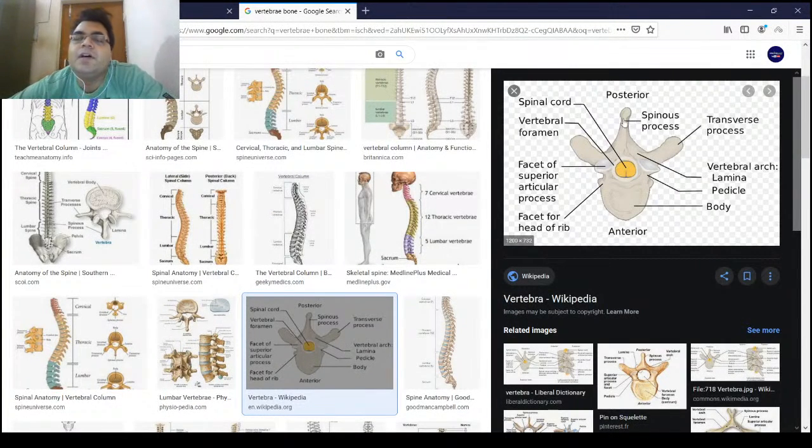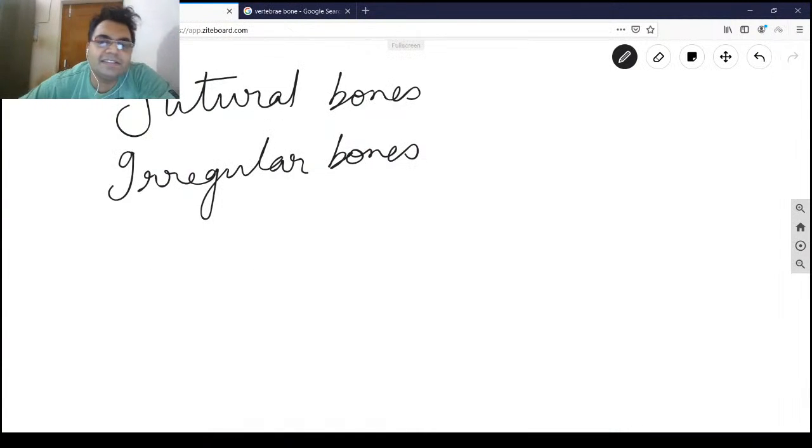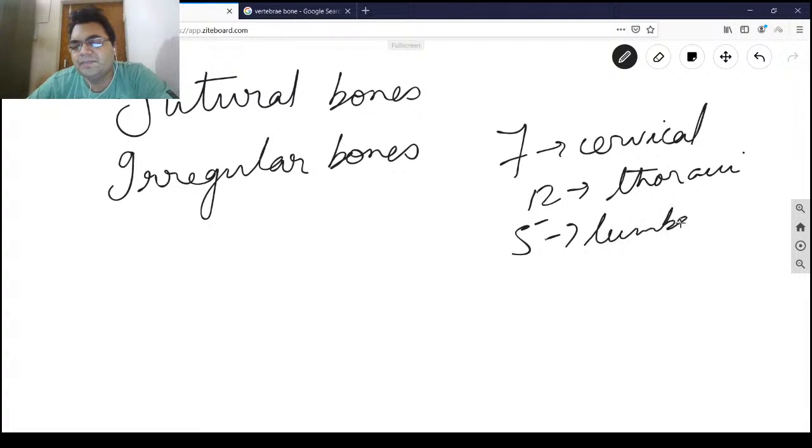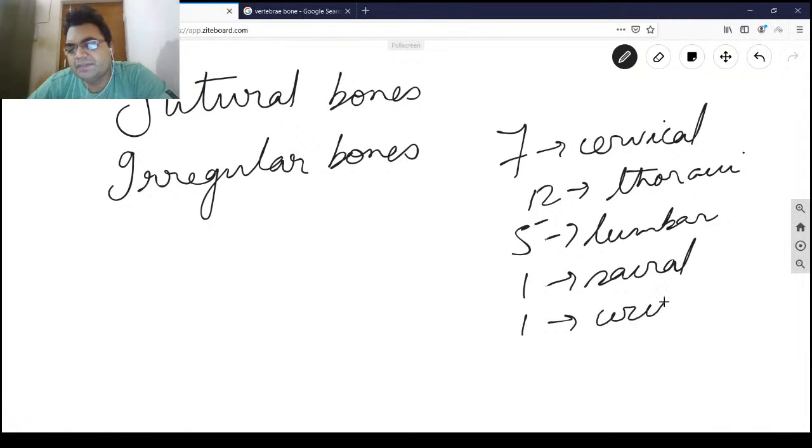This is the shape of one of the bones connected via cartilage to the other bone in the human vertebrae. And human vertebrae contains 26 bones. 7 in the cervical, 12 bones in the thoracic region, 5 in the lower region, the lumbar region, then 1 sacral which is a fused bone, and 1 coccyx, again a fused bone.